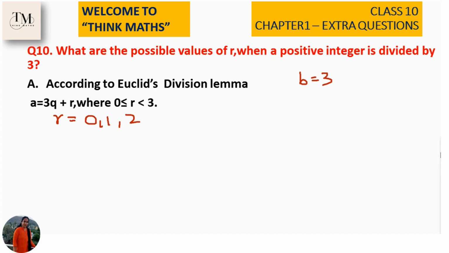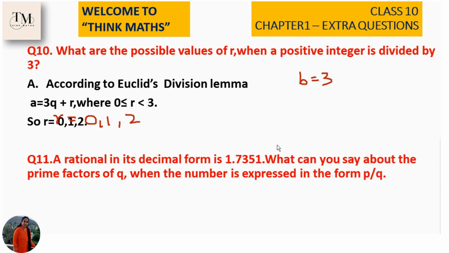Next question. A rational number in its decimal form is 1.7351. What can you say about the prime factors of q when the number is expressed in the form p by q? Here the decimal expansion terminates.